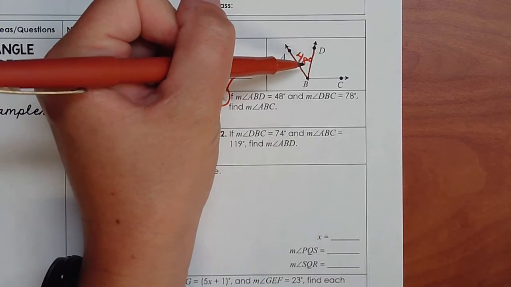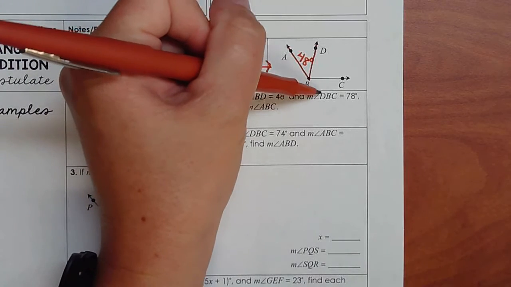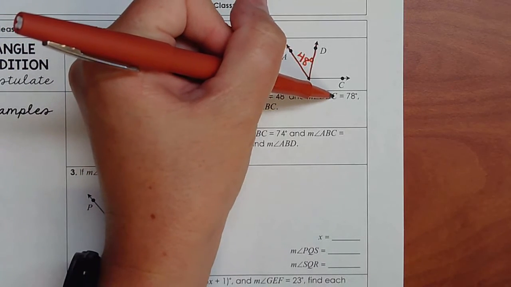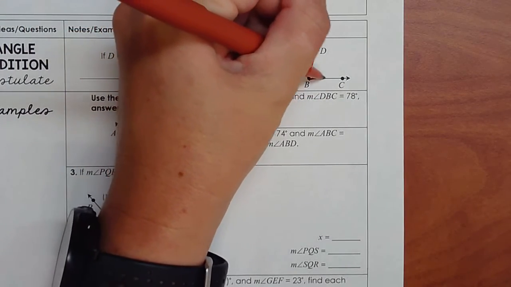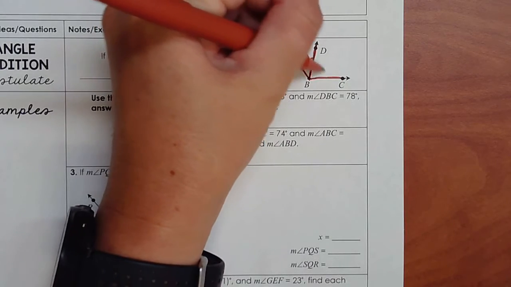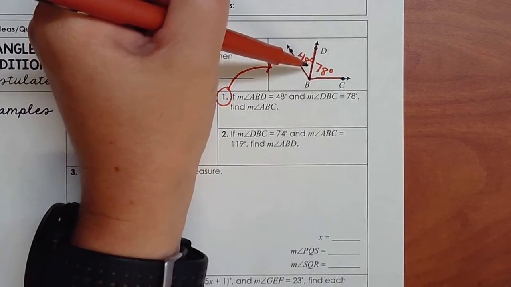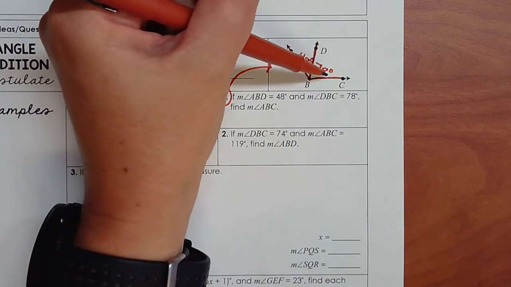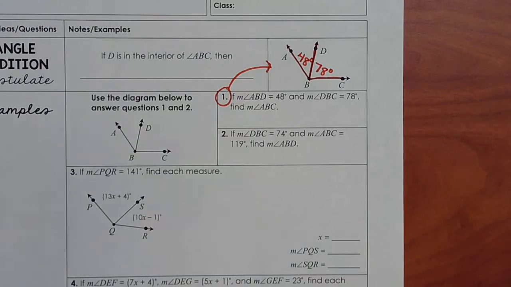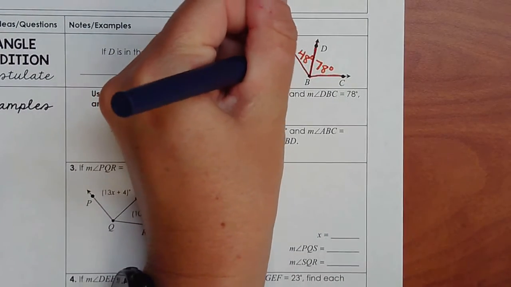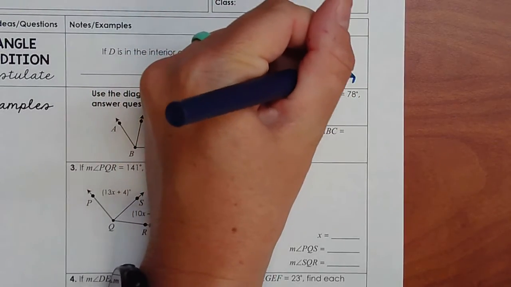That is 48 degrees. And then it also says if the measure of angle DBC equals 78. From D to B to C, this angle on the inside is 78. So they told me this is 48, this is 78. They want me to find the measure of angle ABC, the big angle here, from here to here.